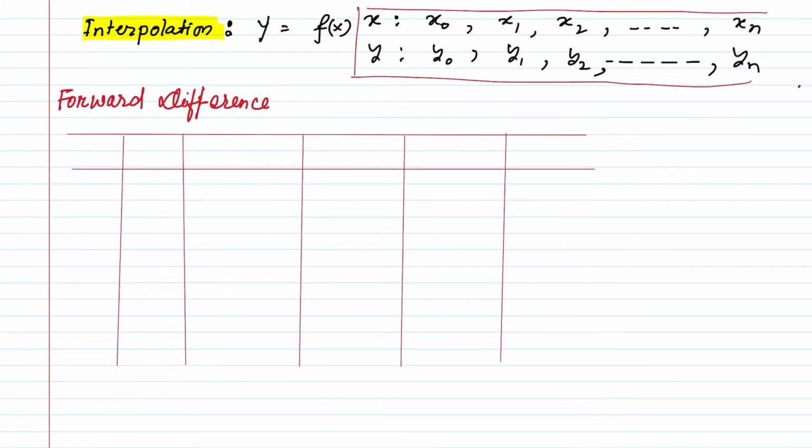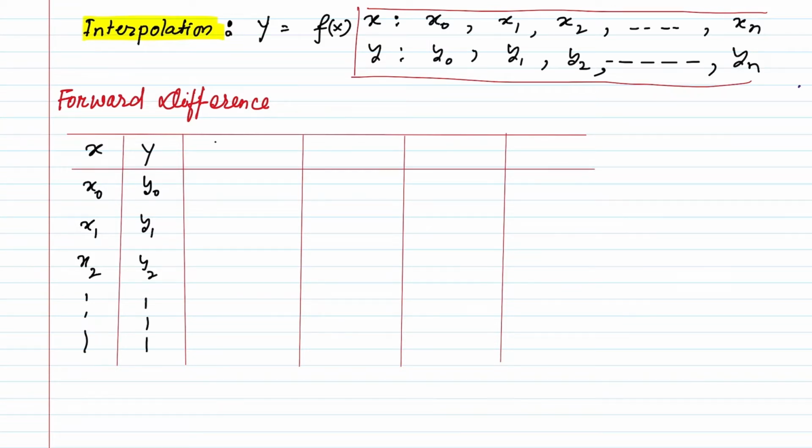So for this given set of data we can construct the forward difference table. So this is x and these are the values of y: x naught, x1, x2 and so on, with corresponding values y naught, y1, y2 and so on.